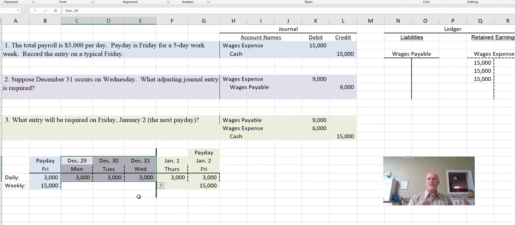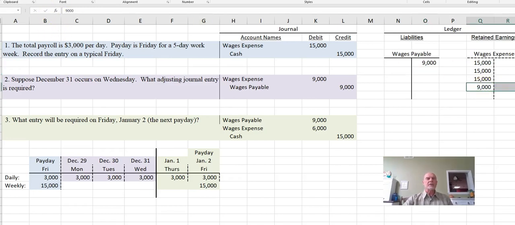But we are going to prepare financial statements as of December 31st. We want those financial statements to be up to date. So for those 3 days, we're going to debit wages expense, $9,000. I'll post that to the ledger. And we're going to credit wages payable for $9,000.